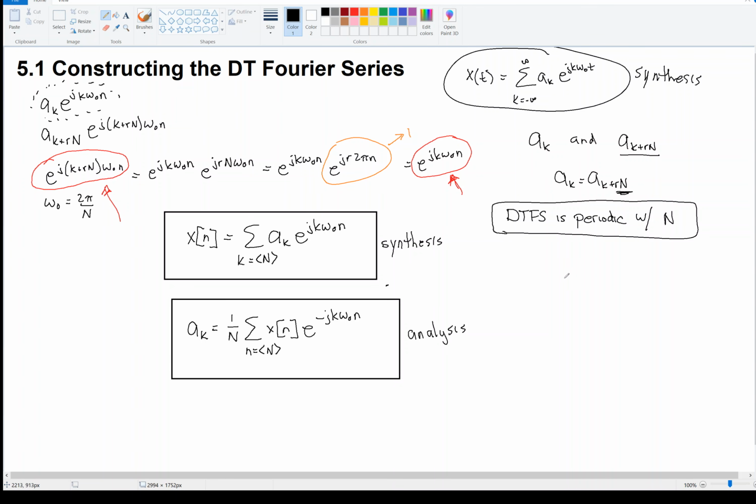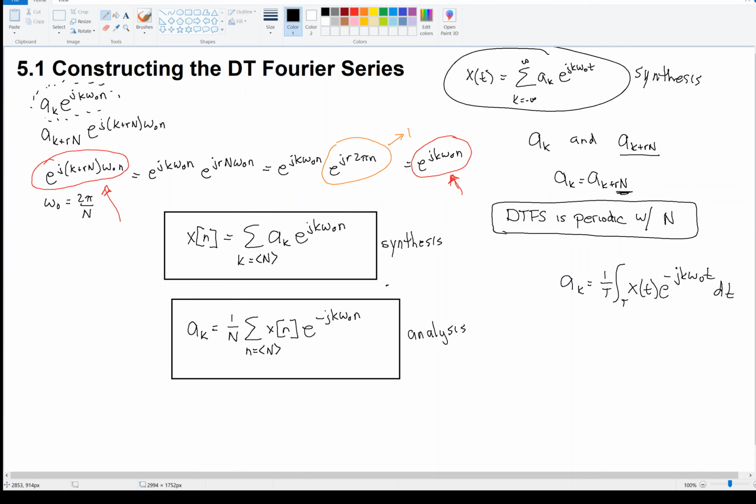And remember, in continuous time, we had something similar: a_k is equal to 1 over T times the integral over one full period of x(t) e to the minus jk omega 0 t dt.